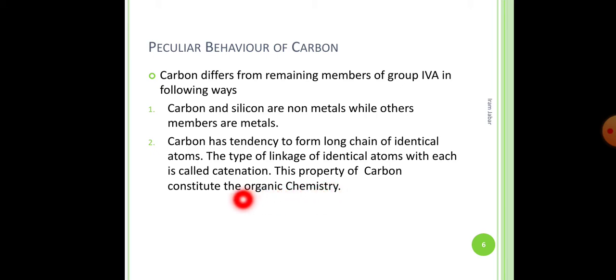Organic chemistry originates due to the self-linkage property of carbon atoms. Carbon, in order to satisfy valency, forms carbon to carbon linkage. This carbon to carbon linkage is known as catenation, and this catenation forms a variety of hydrocarbons, which we will discuss in organic chemistry also.